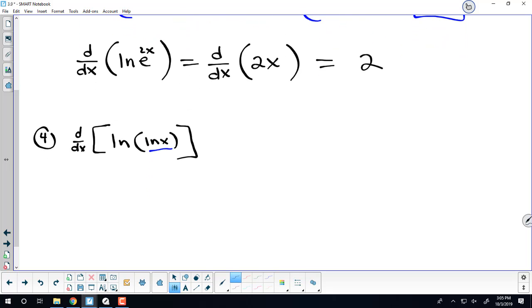The outer function is the natural log. So look at this as the natural log of f of x, right? So 1 over the argument times the derivative of the argument.